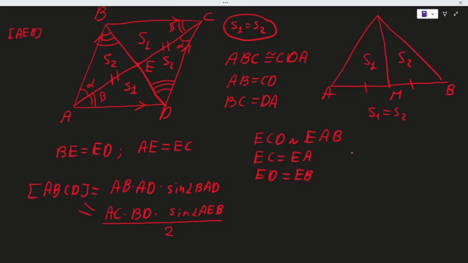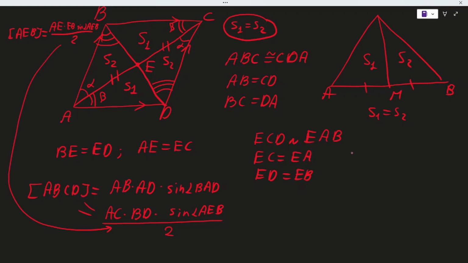And if we multiply this area by 4, we will get the whole parallelogram area. So this is AE times EB times sine AEB. And multiplying this area 4 times will give us this formula, because we know that AE and EB are half of the diagonals.